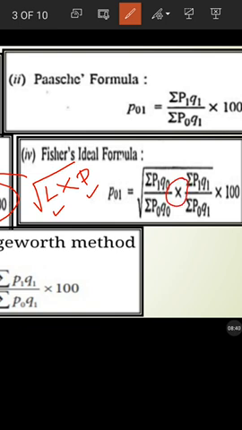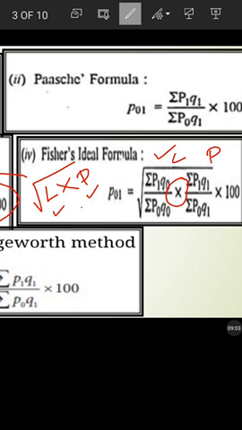So root of summation P1 Q0 divided by summation P0 Q0 into summation P1 Q1 divided by summation P0 Q1, into 100. So this is Fisher's formula. Here also we have taken L and this is P, Laspeyres' into Paasche's.